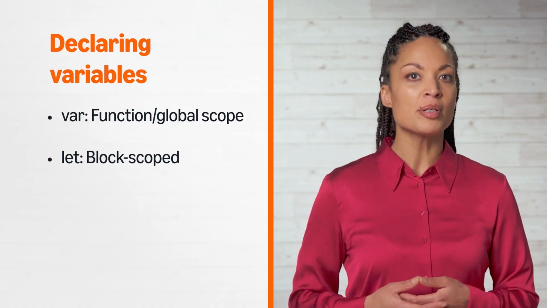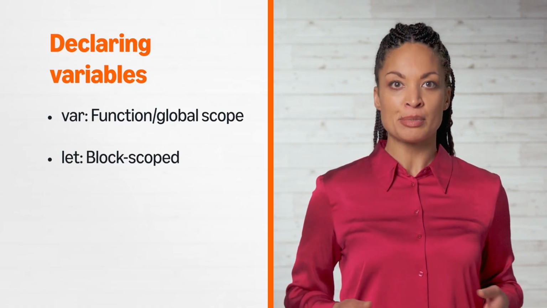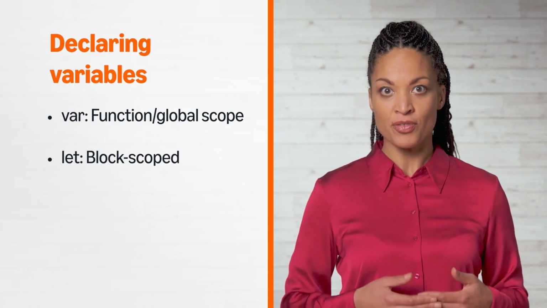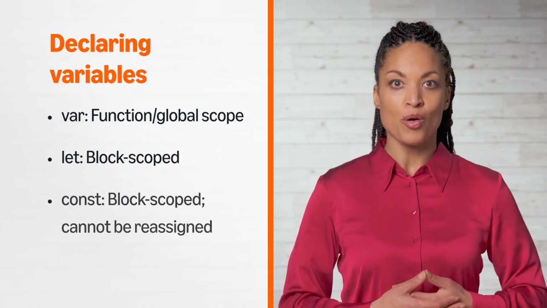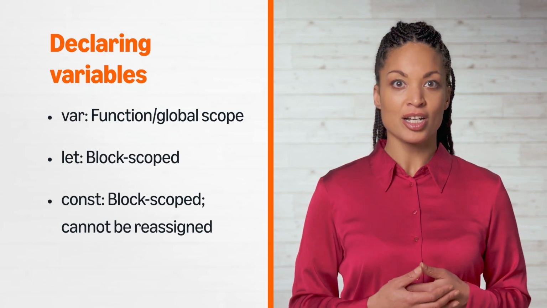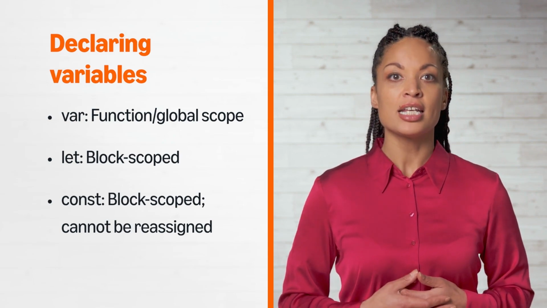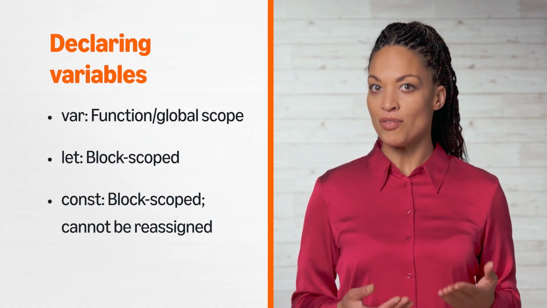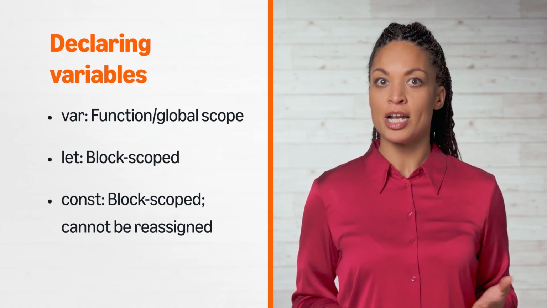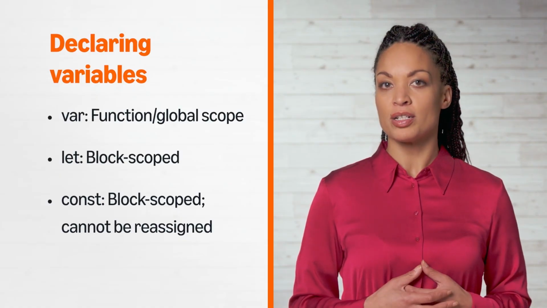This means that variables declared with let are only accessible within the block where they're defined, such as within a loop or function. Third, also introduced in ES6, const, short for constant, is used to declare variables that cannot be reassigned. However, objects or arrays declared with const can still be modified.